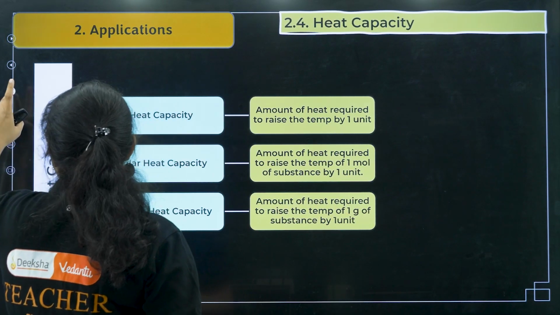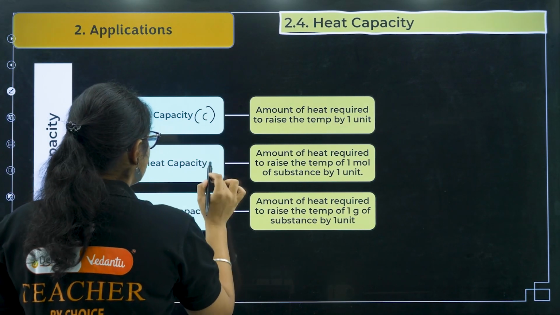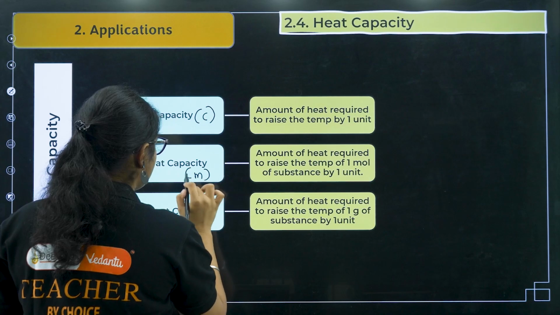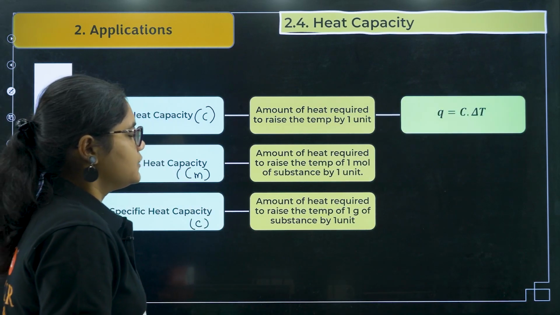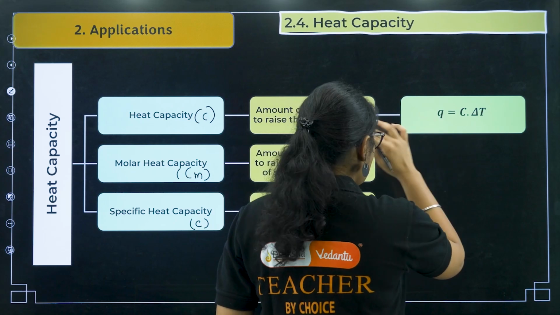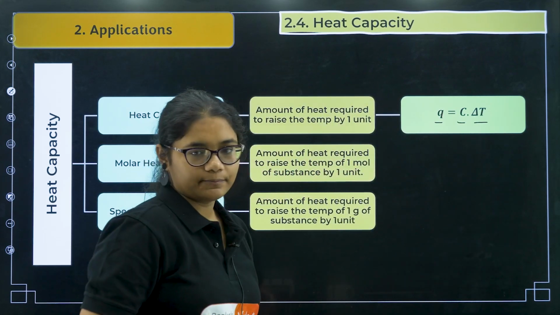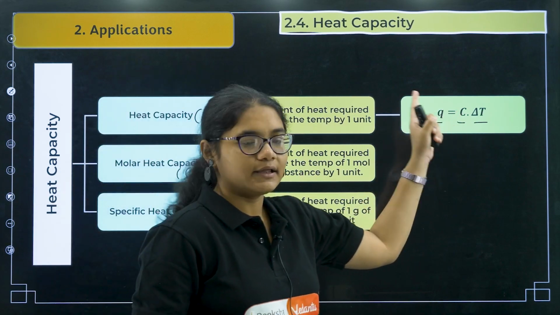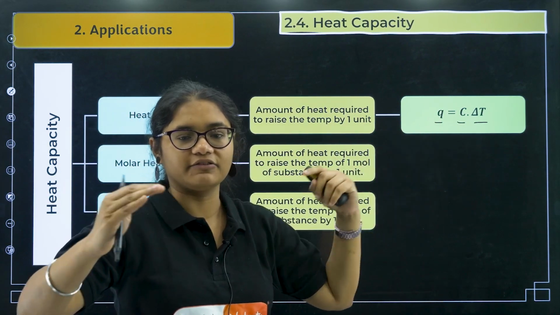Okay, so the amount of heat required to raise the temperature of 1 gram of a substance by 1 unit. Now, heat capacity is represented by capital C, molar heat capacity by Cm, and specific heat capacity by small c. Now here, how can we represent it? Q is equal to C into delta T. Q is the heat, C stands for heat capacity, delta T is the change in temperature.